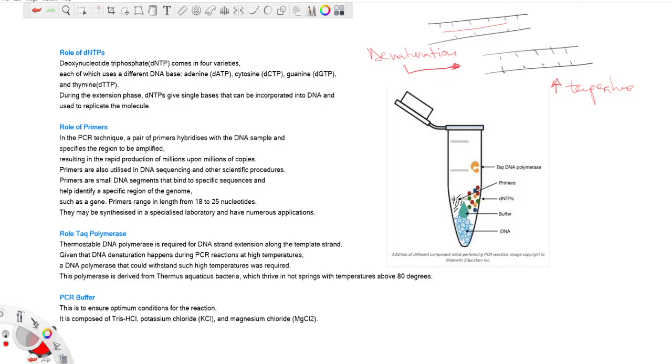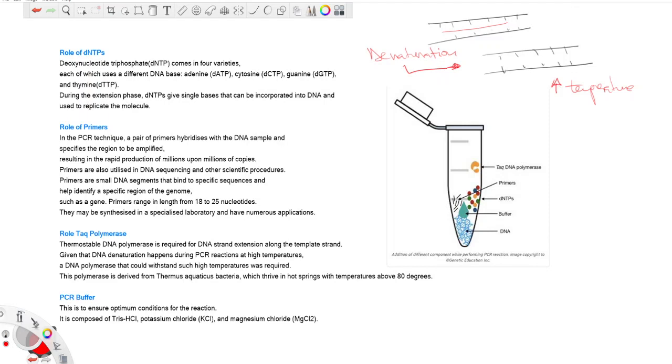And this polymerase, known as Taq polymerase, was discovered from a bacterium known as Thermus aquaticus, which was found in hot springs, and they seem to be comfortable at temperatures above 80 degrees Celsius.